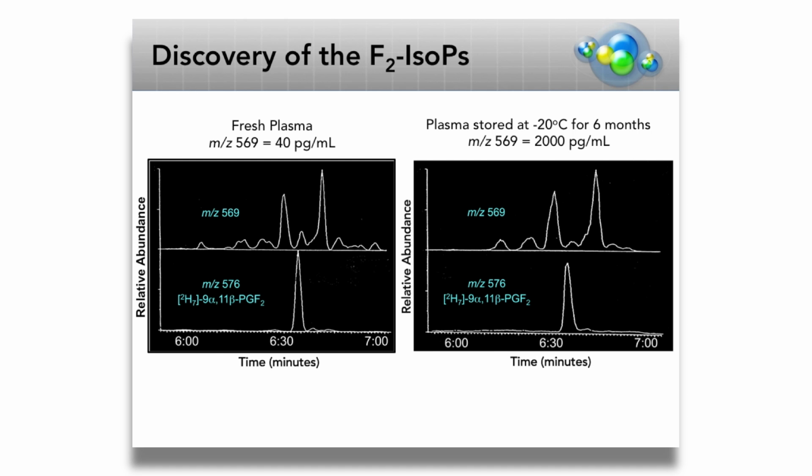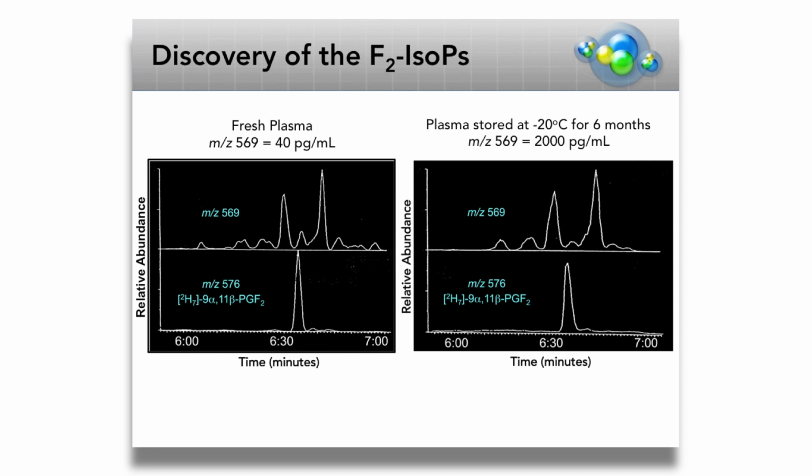When they went back to reanalyze this sample, they realized that levels had increased dramatically, up to 2,000 picograms per mil compared to 40. So they took a step back and asked, what in the world is happening here? What they determined was that the peaks were actually not representative of metabolites of PGD2, but were non-enzymatic oxidation products of arachidonic acid that were being generated isomeric to prostaglandin F2 alpha.